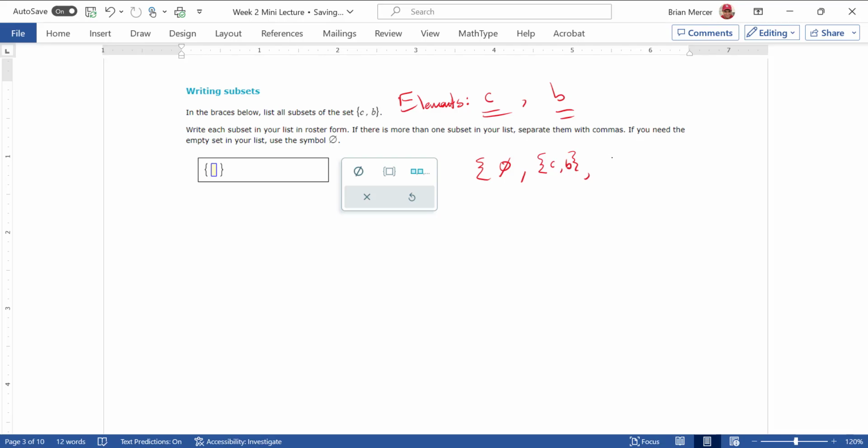Also, the subset that just contains C would be a subset. And also the subset that just contains B would also be a subset. And then we put curly braces around the beginning and around the end. So we actually see we have 4 different subsets.